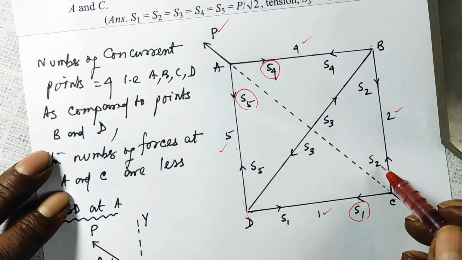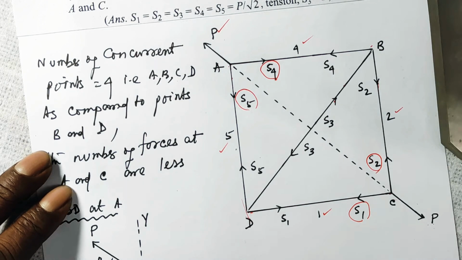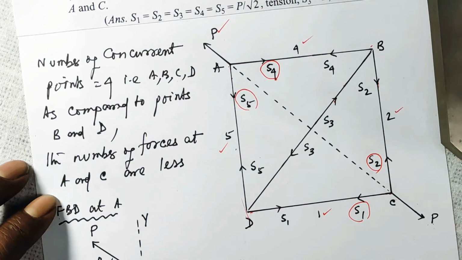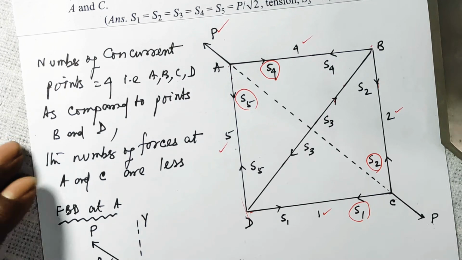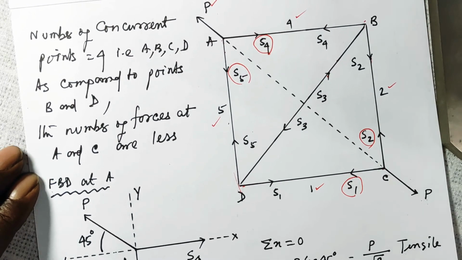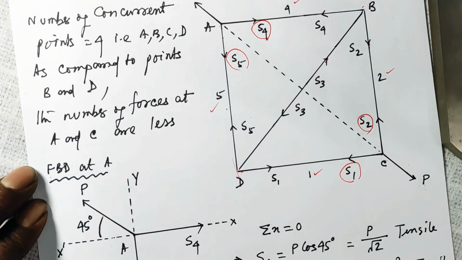This I have redrawn. So the number of forces at A and C are less, so we'll apply the free body diagram to the points where the number of forces are less, for the problem to be simplified.